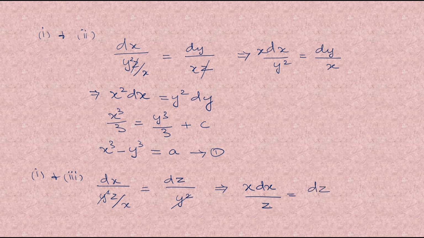Right, so now we can cross multiply the z here, which gives x dx is equal to z dz. So on integration, x square by 2 is equal to z square by 2 plus some c.